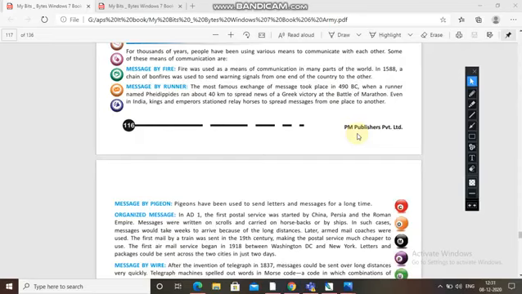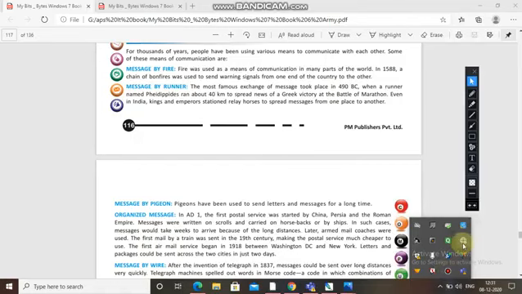Then you also have an answer: firstly they were sending messages by fire. Fire was used as a means of communication in many parts of the world. In 1588, a chain of bonfires was used to send warning signals from one end of the country to the other. These were used for sending messages.